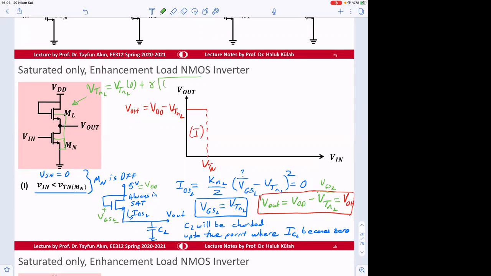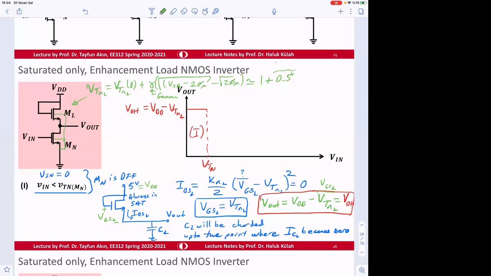Gamma times square root of V source to bulk plus 2 phi F minus square root of 2 phi F. Okay, so basically this was the gamma term, and due to this, let's say this will be 1 plus, depending on the gamma, all the voltages, it's going to be maybe even larger.